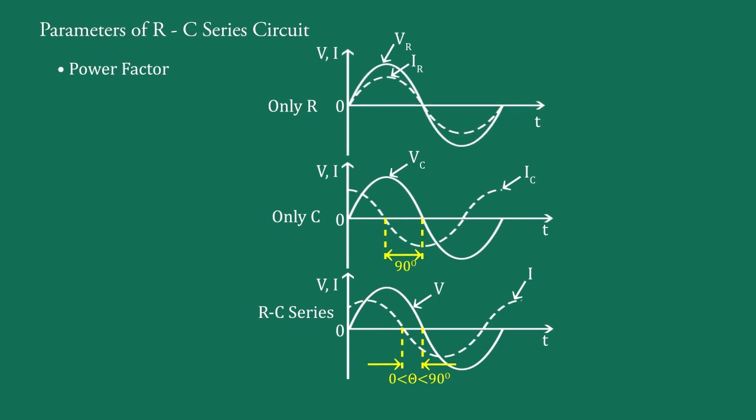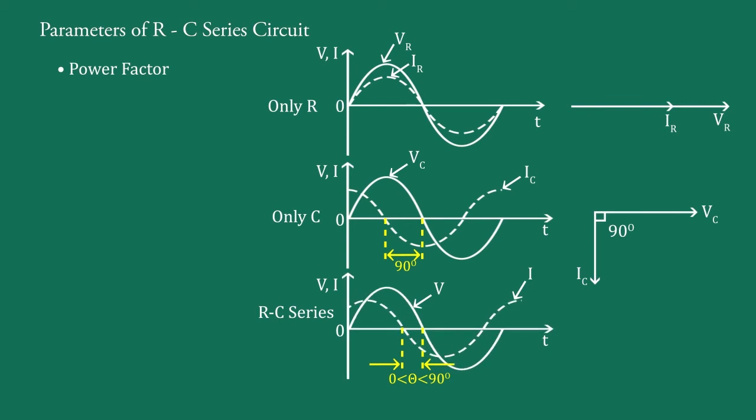Here no phase difference between voltage and current, so its phasor diagram is of this type. Phase difference is 0 means angle between V and I vectors is 0. In this case, phase difference between voltage and current is 90 degree. Hence here the phasor diagram becomes like this.